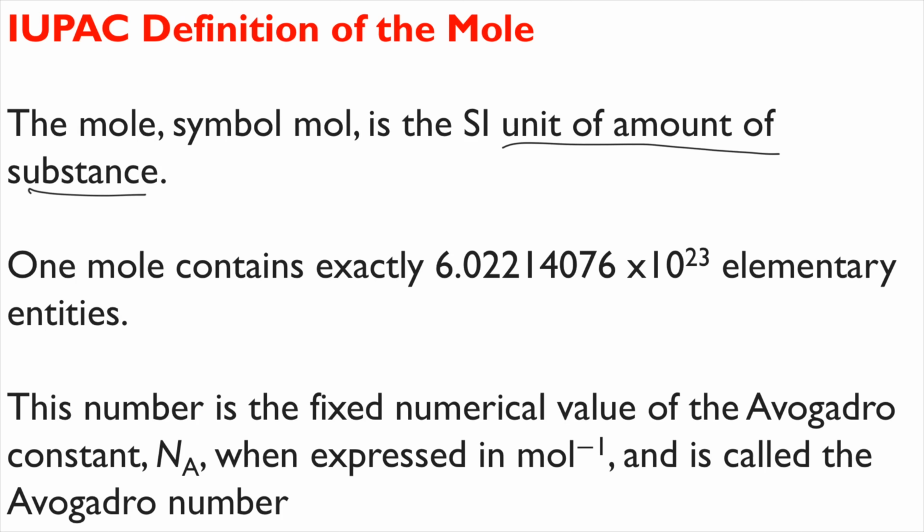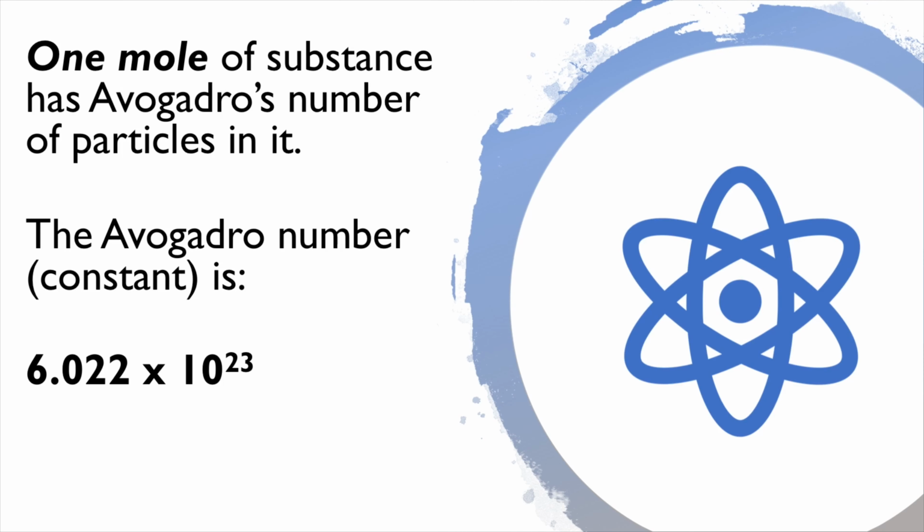This number is the fixed numerical value of the Avogadro constant, NA, when expressed in mol to the -1, and is called the Avogadro number. 1 mole of a substance has Avogadro's number of particles in it, and the Avogadro constant or the Avogadro number is 6.022 times 10 to the 23. So that means if I've got a mole of anything, I have 6.022 times 10 to the 23 particles.